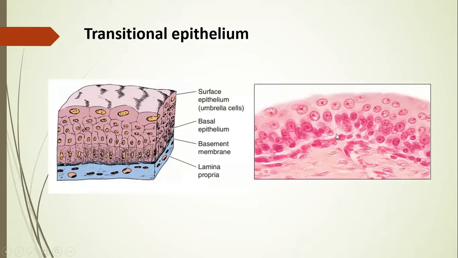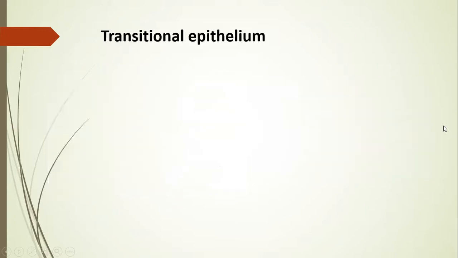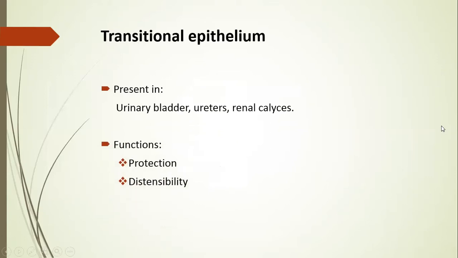When the bladder is full, the wall of the bladder will be stretched and the number of layers will be about 2 to 3. When the bladder is empty and relaxed, the transitional epithelium appears as 4 to 5 layers. So it has the distensibility property.